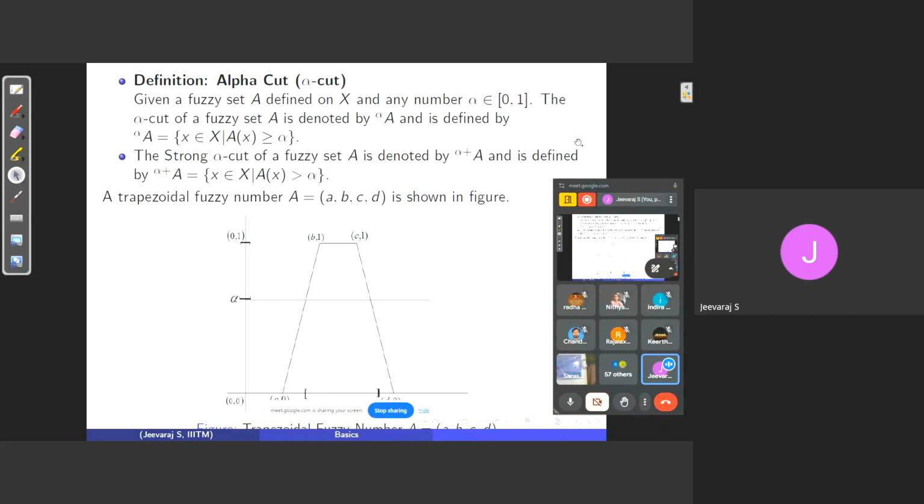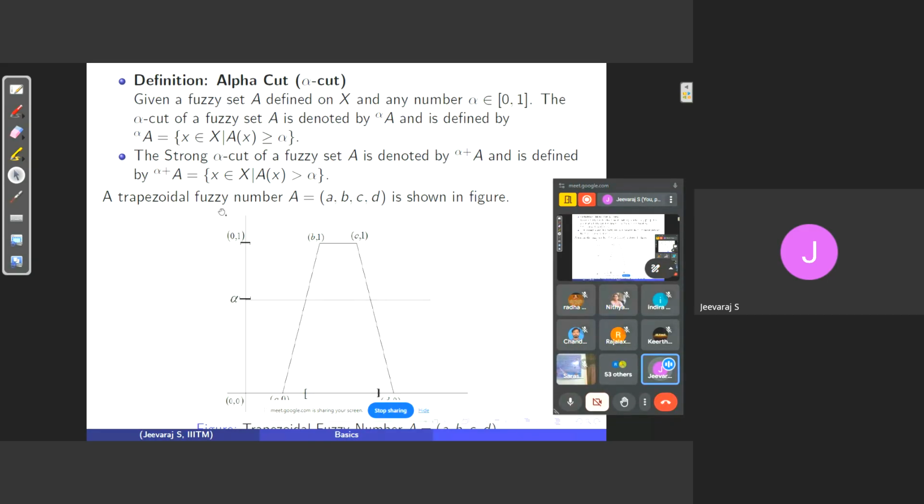So why did I explain transformation techniques here? Because of this guy, AlphaCut. Why do we need to study AlphaCut? Here, AlphaCut is actually playing the role of transformation. On one side we have classical sets, on another side we have fuzzy sets. By means of this AlphaCut, we can travel between classical sets and fuzzy sets. This is the reason why we are really interested in studying AlphaCut, especially with respect to the fuzzy number.